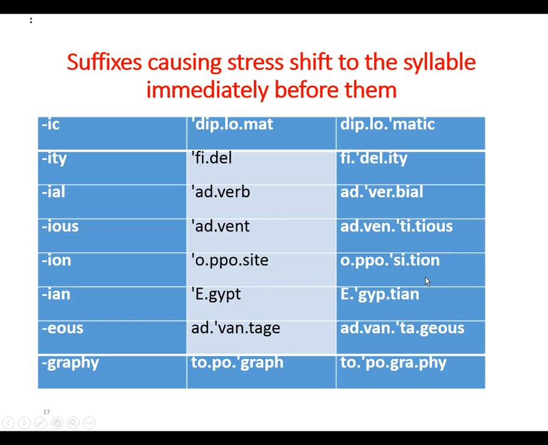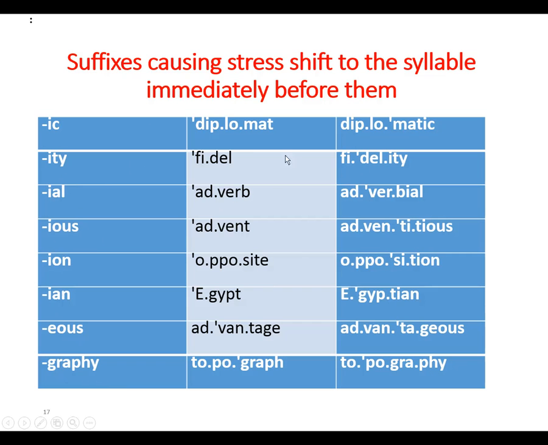Number 2: suffixes causing stress shift to the syllable immediately before them. These suffixes do not carry stress, but they shift the stress onto the syllable before them, and they include -ic, -ity, -ial, -ious, -ion, -ian, -eous, and -graphy.